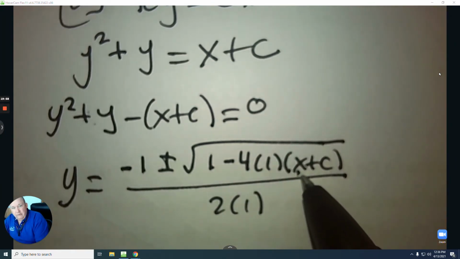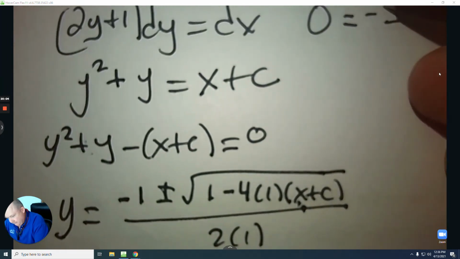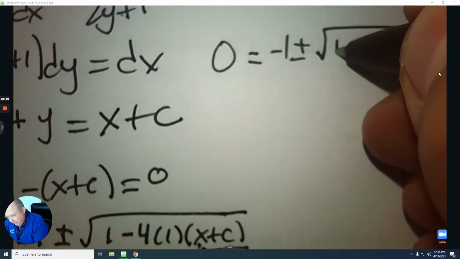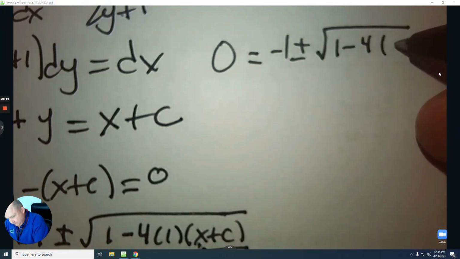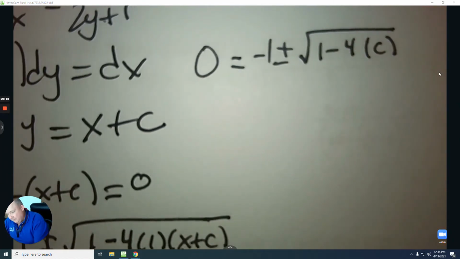If you plug in 0 for x, the denominator doesn't matter. You're just looking at the numerator to make it equal to 0. So if I plug in 0 for x, that's what I'm left with.